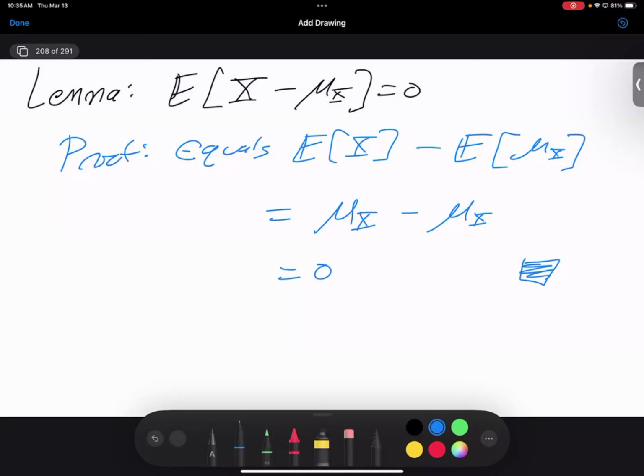So I don't think we ever actually proved this directly, but the expected value of x minus its mean is zero. Think of it this way. You have a class where the average is 95. I subtract 95 from every score. What's the new average? 0. So again, whenever possible, you want to tell a story.